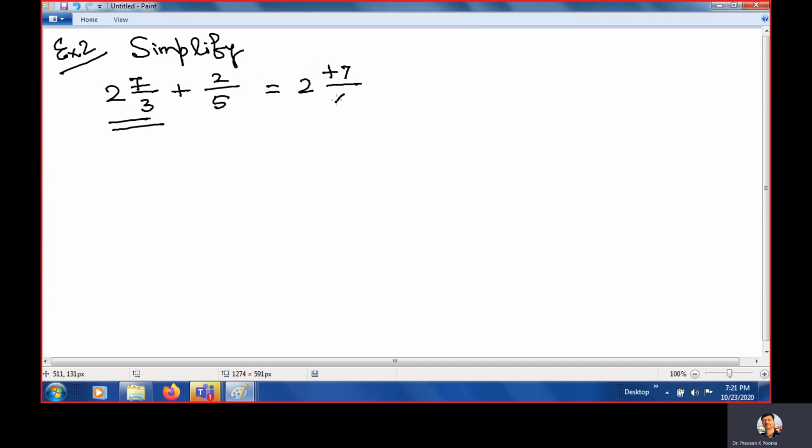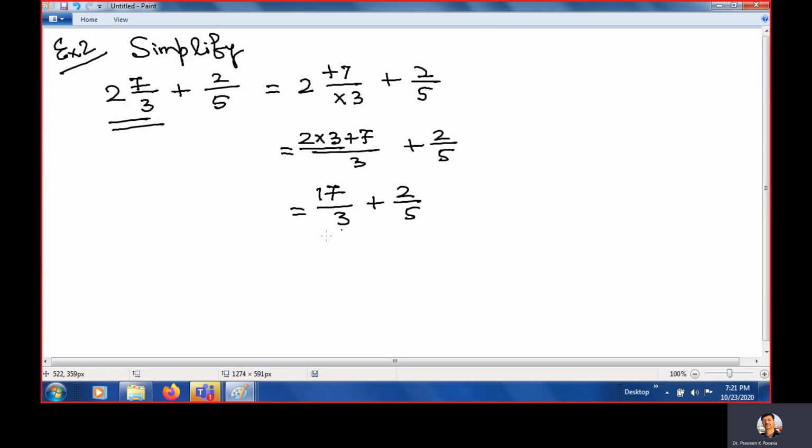Multiply 3 plus 7: 2 times 3 plus 7 upon 3, plus 2 upon 5. This is how we are doing. Now 5 times 2 is 10, we can directly do it. 10 plus 7 is 17 upon 3 plus 2 upon 5.